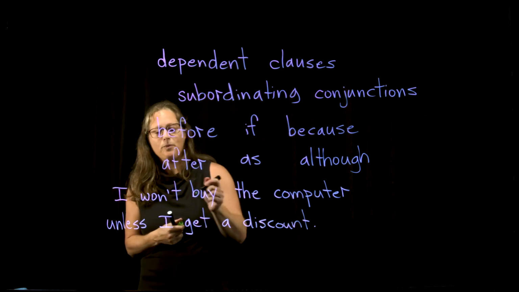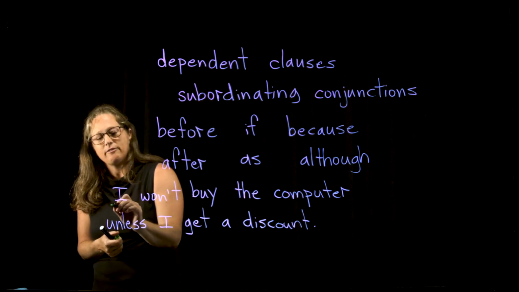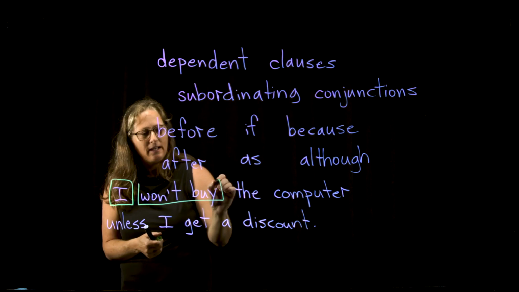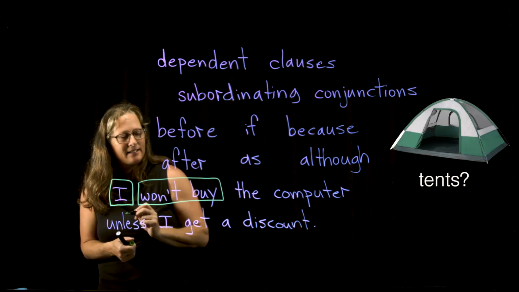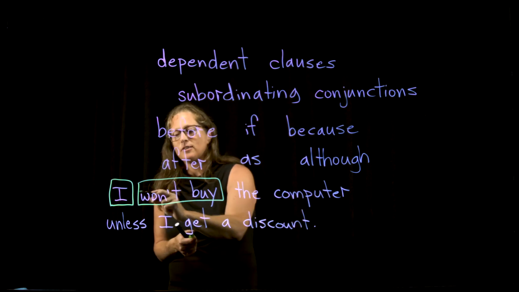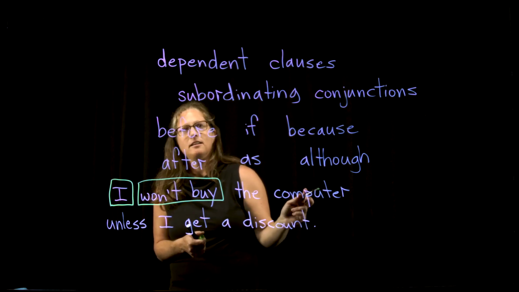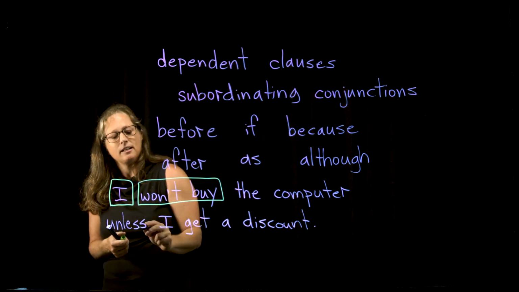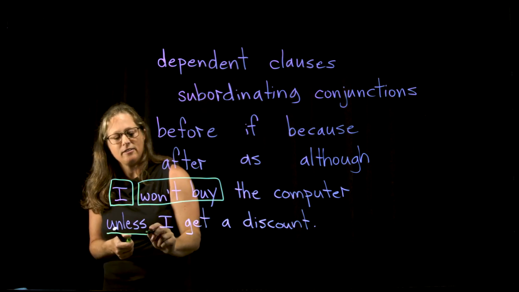So what do we have at the beginning? We have a subject. We have the verb. It has a helping verb for tense. I won't buy the computer. So this one is independent. You don't have a subordinating conjunction before it. Okay? Here you do have one.